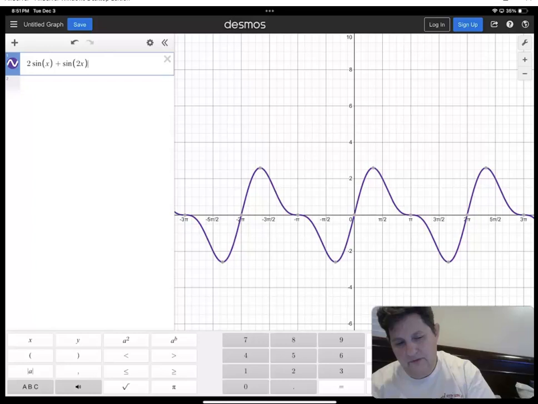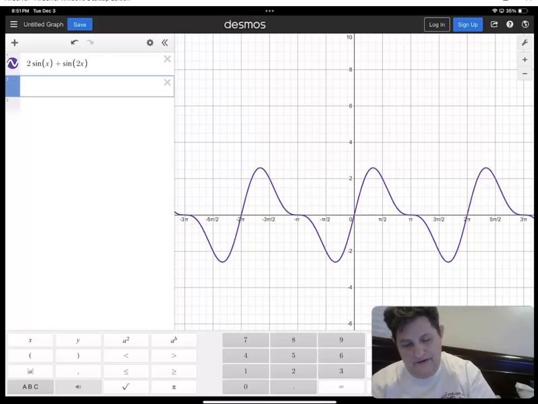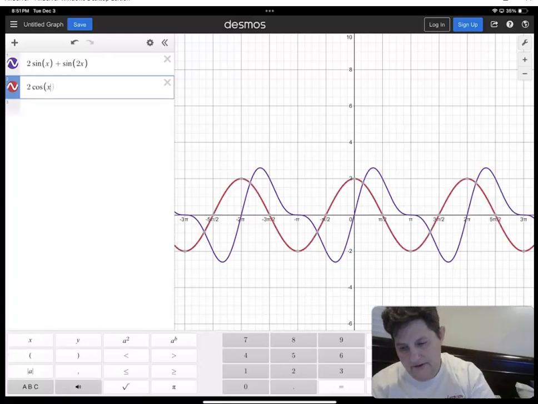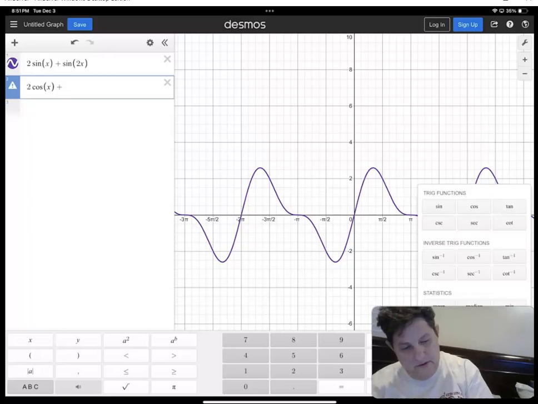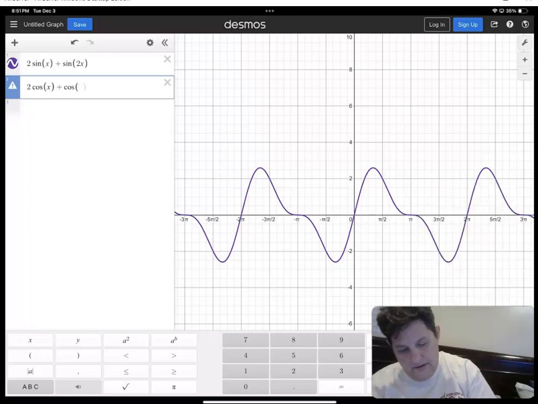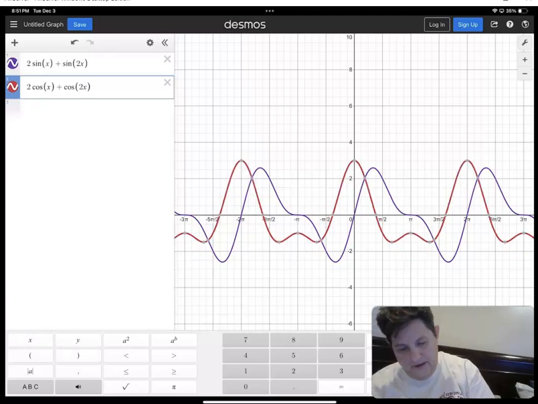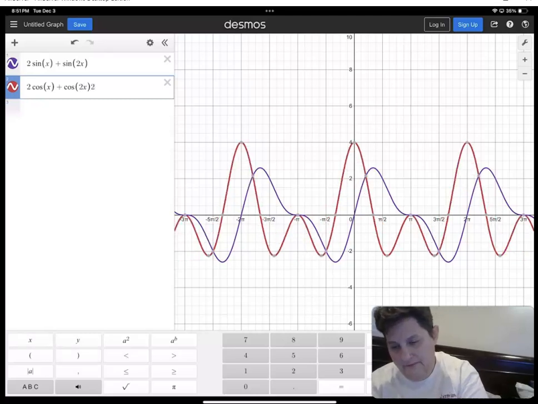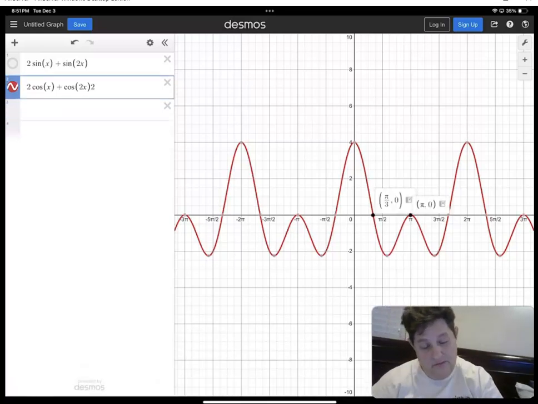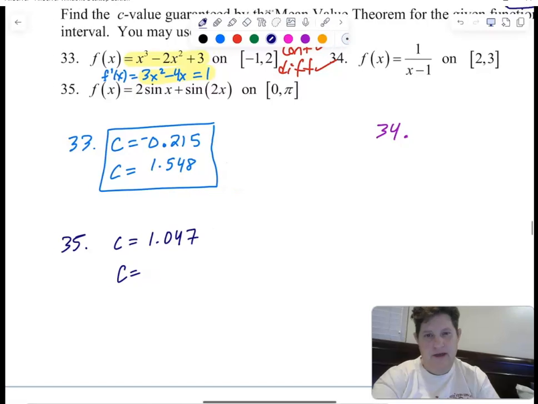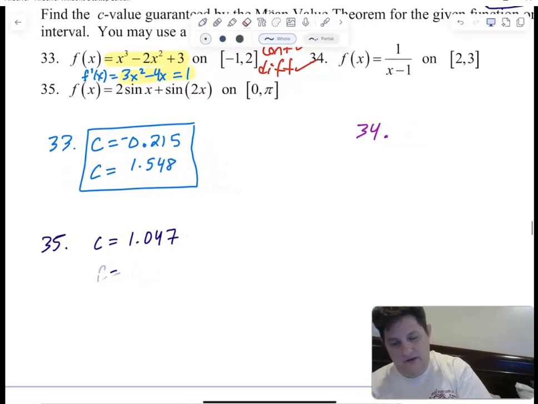I don't know if we can graph the derivative, but we would have to take the derivative a little bit, but we could do that. The derivative would be 2 times cos 2x plus cos x. Turn that one off. And then we can actually just see where it hits, and it's at pi over 3 and pi. Okay, and pi was my endpoint. That's why I only got one answer.